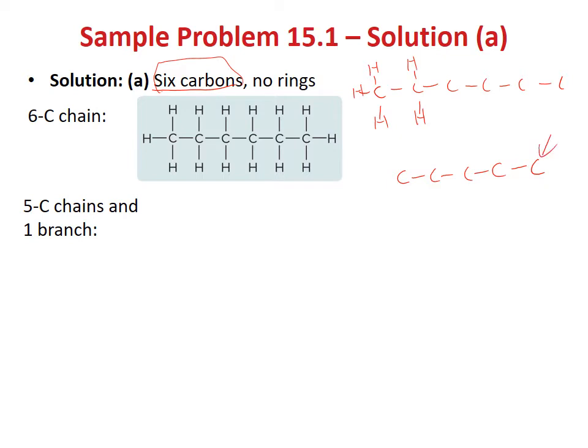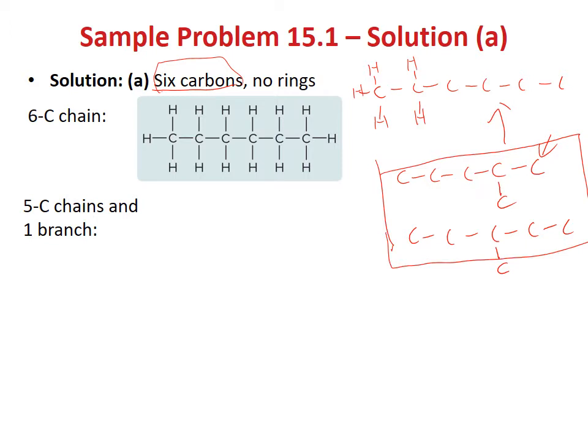Well, if we do, we get the same as the first one. So that's the same. We need to add it at a different position to get a different arrangement. So maybe we can add here. That's one possibility. Or we can add a different position, so we can add here. These two are different arrangements.